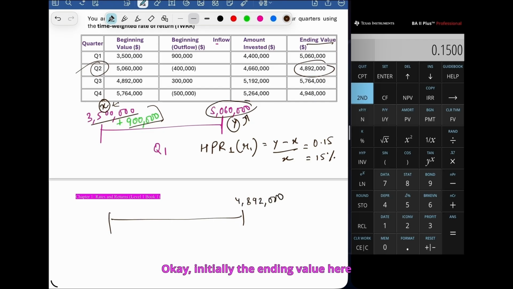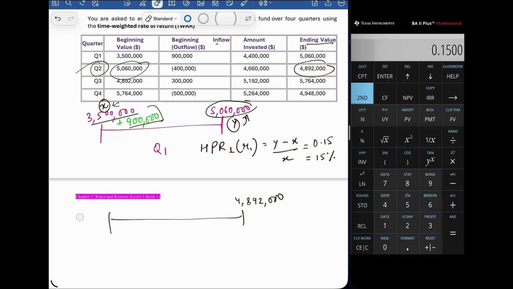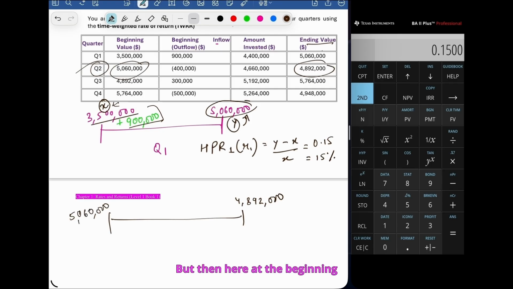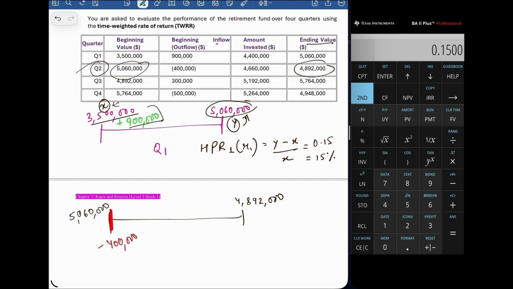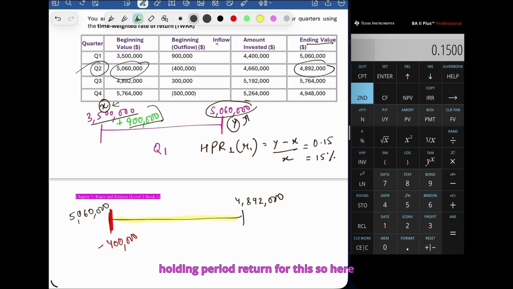Initially, the ending value here is the beginning, right? So the value was this. But then here at the beginning, withdrawal happened, right? Outflow of this. So now you want to calculate the holding period return for this.